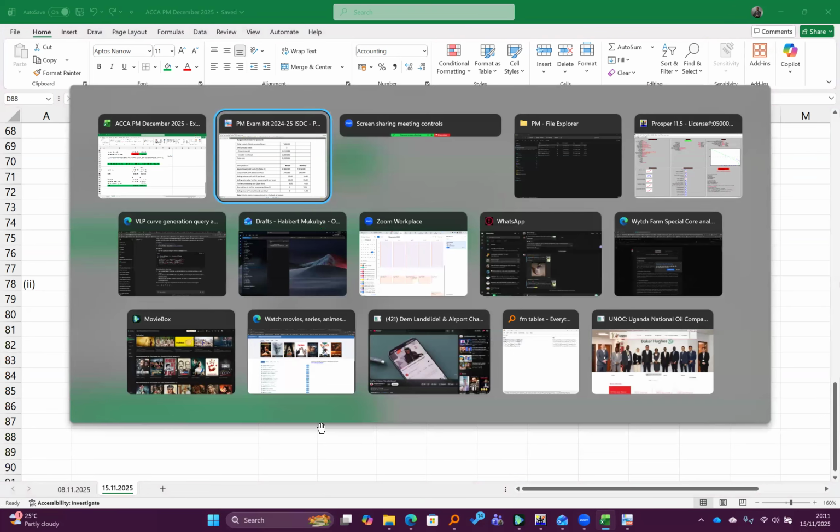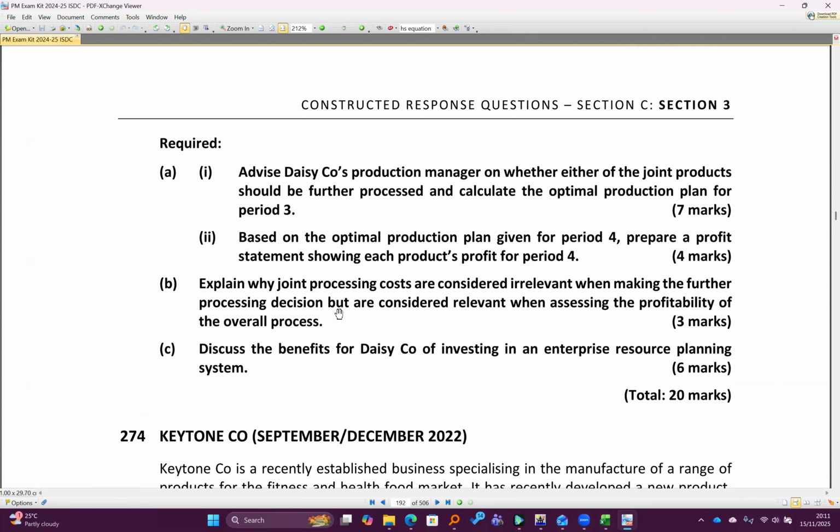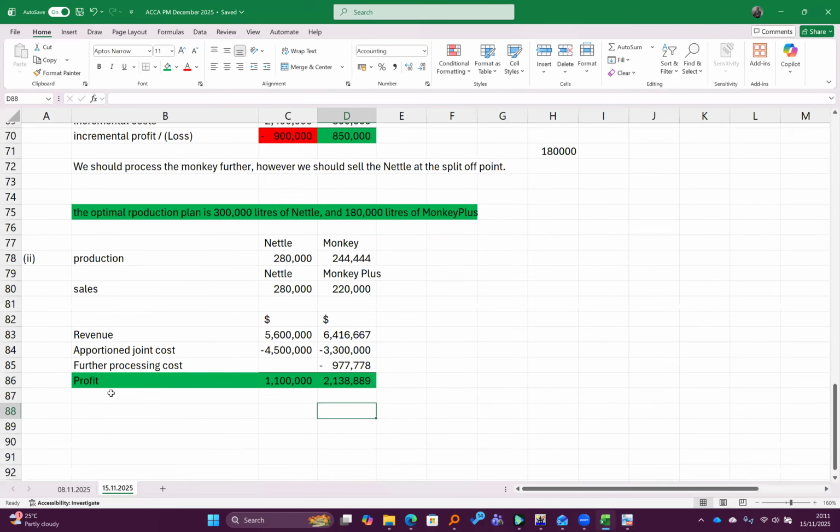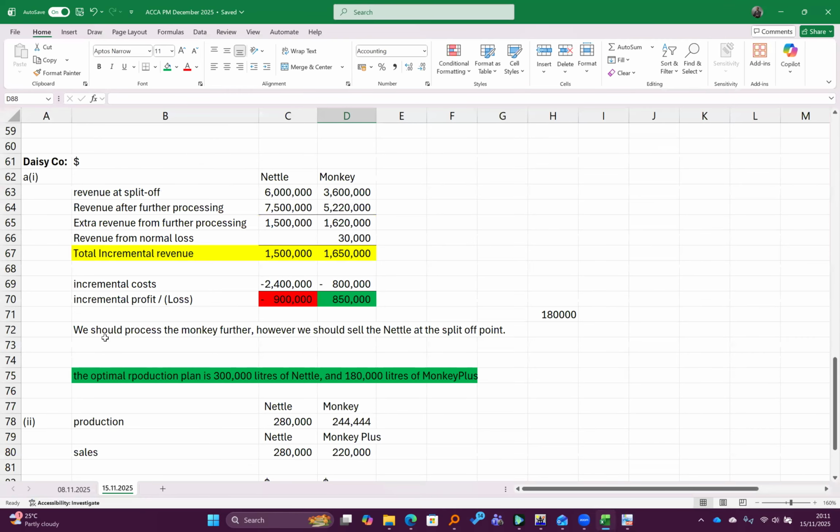The question asks us to explain why we didn't look at these joint costs when looking at further processing, but we consider them when assessing the profitability of the overall process. The reason is simple. If we are looking at further processing, all the costs incurred until the split off point are irrelevant. All that matters is what more incremental costs or revenues we are looking at to make the decision.